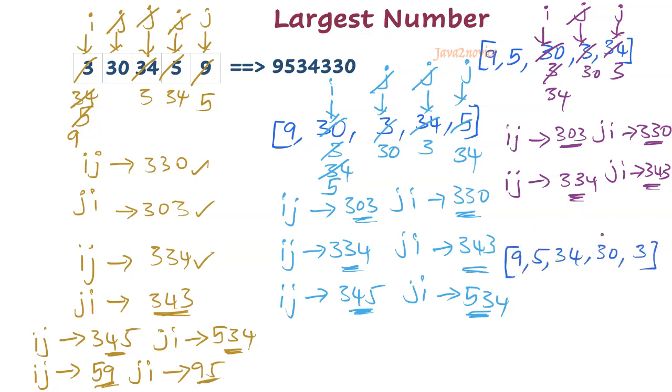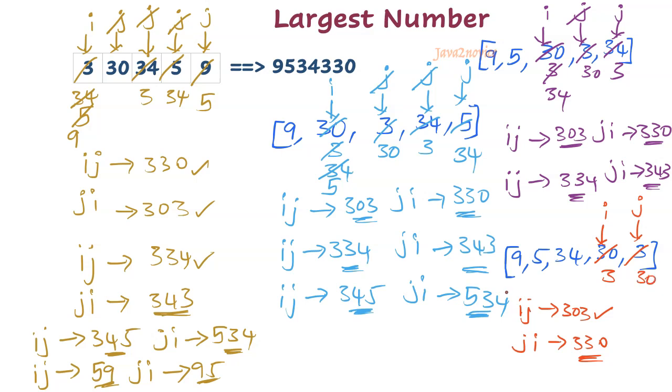Now in the next outer loop iteration, i will be here, j will be here. In this iteration, ij will form 303, ji will form 330. Since 330 is bigger than 303, let's swap. So here we will have 3, here we will have 30.